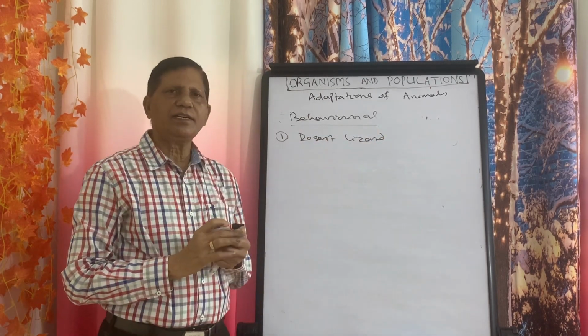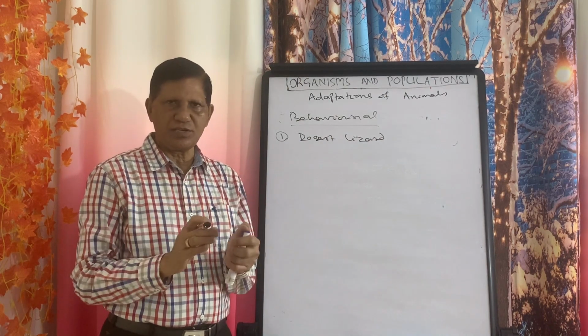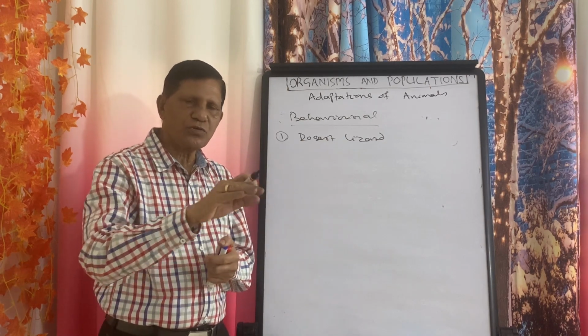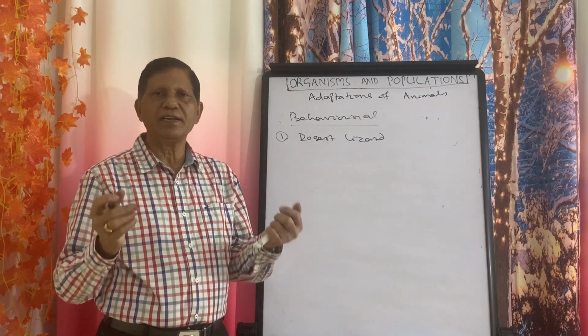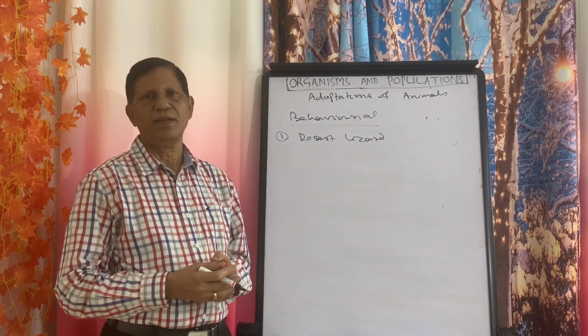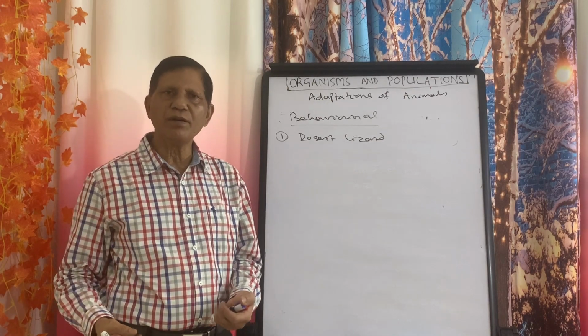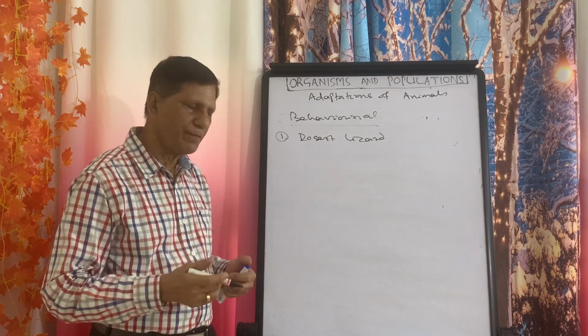Now this desert lizard is usually cold-blooded. When it lives within the bushes and the temperature falls, it goes to sunlight and basks in the sunlight for some time till it gains a sufficient amount of heat. Then after gaining heat, again it returns back. Again when it cools down, again it goes.